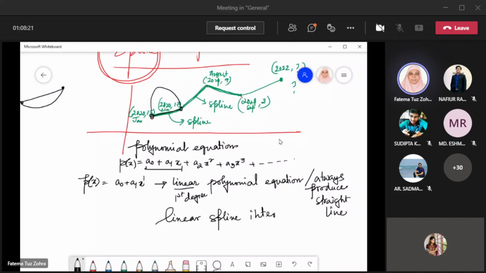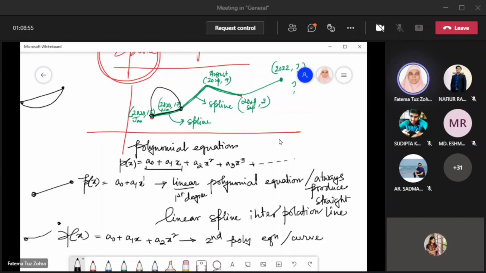When you are using the second degree equation, that means a0 plus a1x plus a2x square, that is a second degree polynomial equation, which will produce a curve. In the linear case you connect two points with a straight line, but obviously it cannot always go with a straight line. Maybe it is a little bit curvy, so we assume that the curve goes like this.